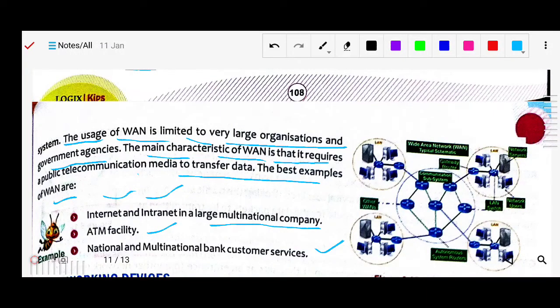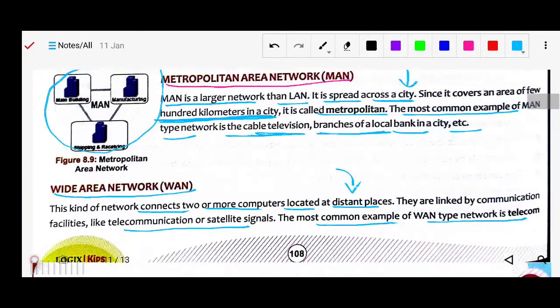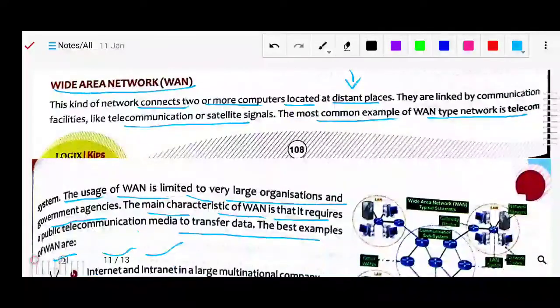So you can understand that WAN is nothing but your internet, whatever internet connection you are using. Its area is far larger than anything else. As we have seen, a MAN is up to a city, but a WAN you can say is across the globe.